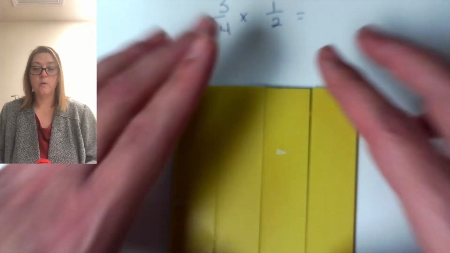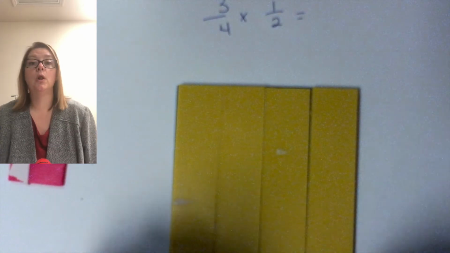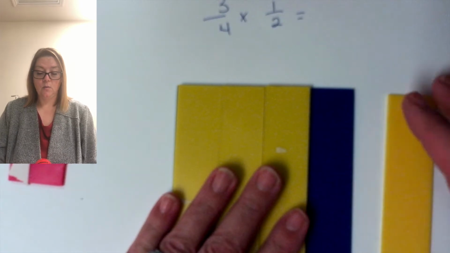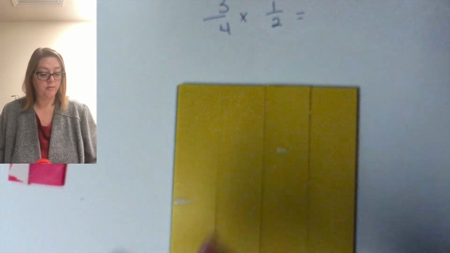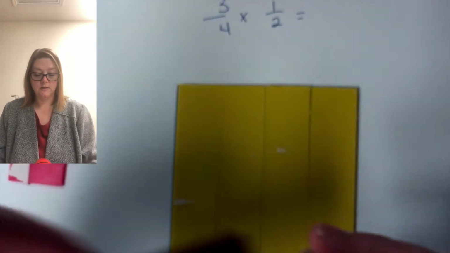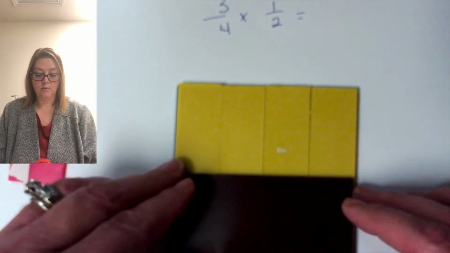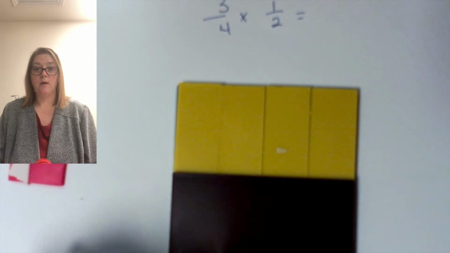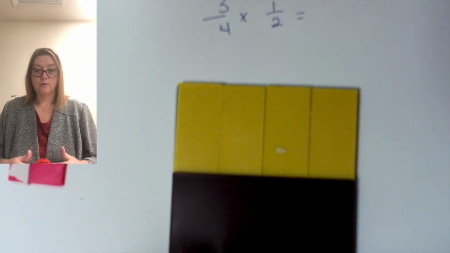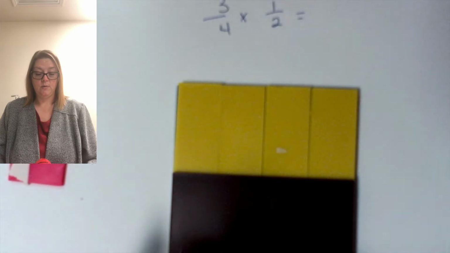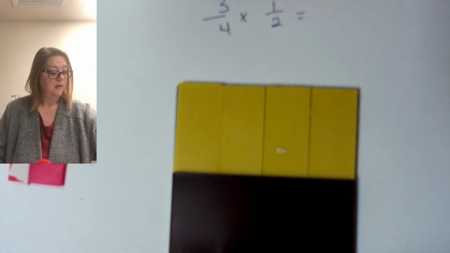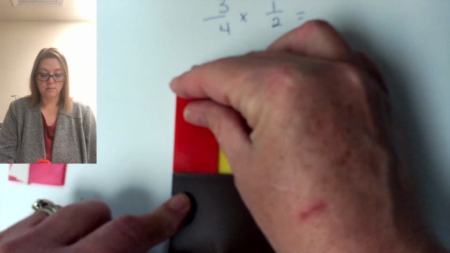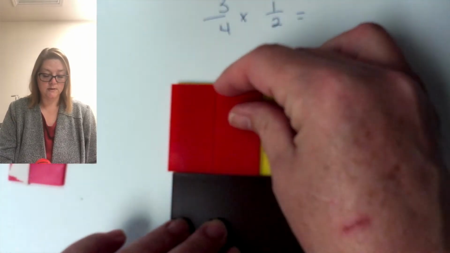We're going to cover up our whole, which is 4/4, right? We're going to look at 3/4, and we're going to look at what it takes to cover up the 3/4. Also, we need to know 1/2. Right now, I'm looking at 3/4 groups of 1/2. So if I'm looking at that, what can I use to see these individual groups? Well, guess what works here?